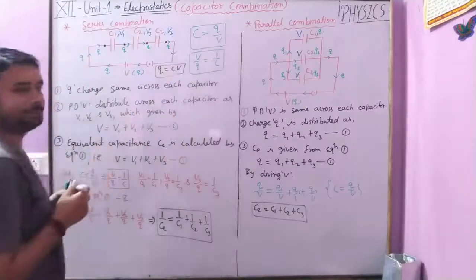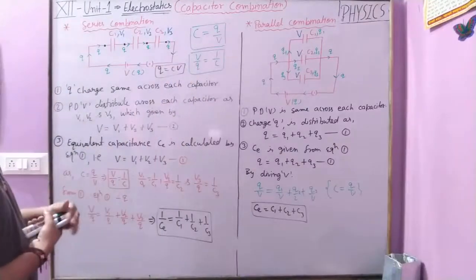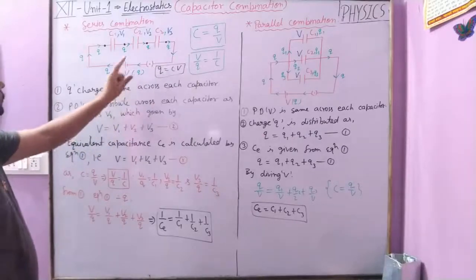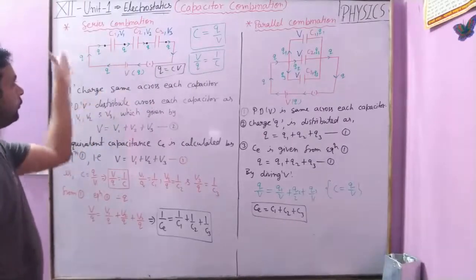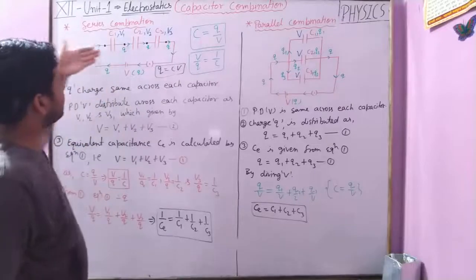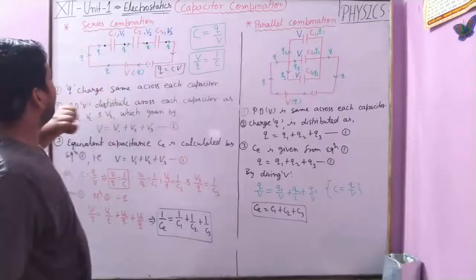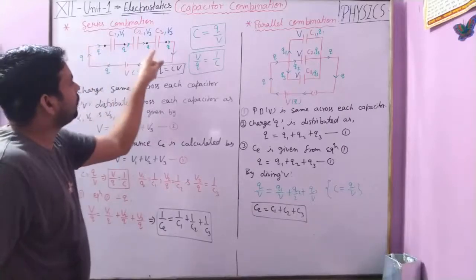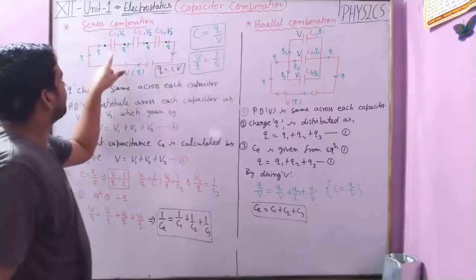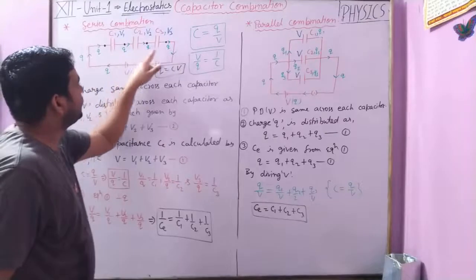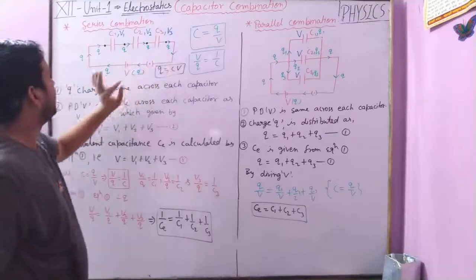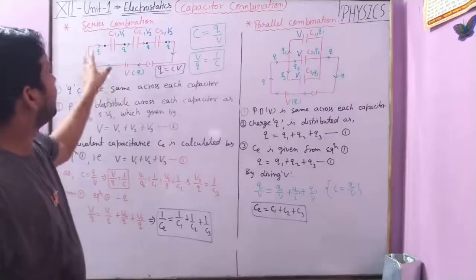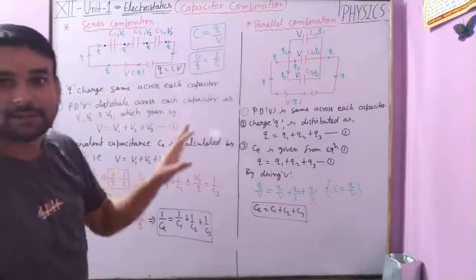Now, if this battery has charge Q, the charge can flow across the circuit. Then we observe here there is only one path for charge to flow through each capacitor C1, C2 and C3, so the connection of the capacitors is series.